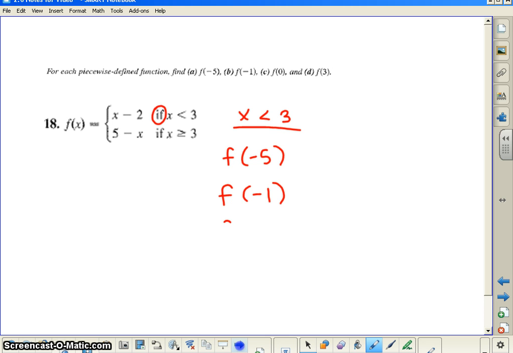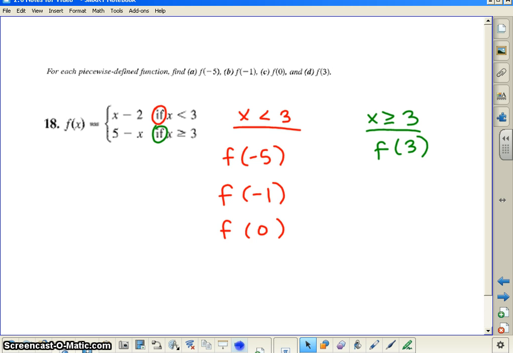And in this case, I can also do f of 0. And in the other restriction, we have if x is greater than or equal to 3. So the only thing I can use there is f of 3, and nothing else falls in that category.